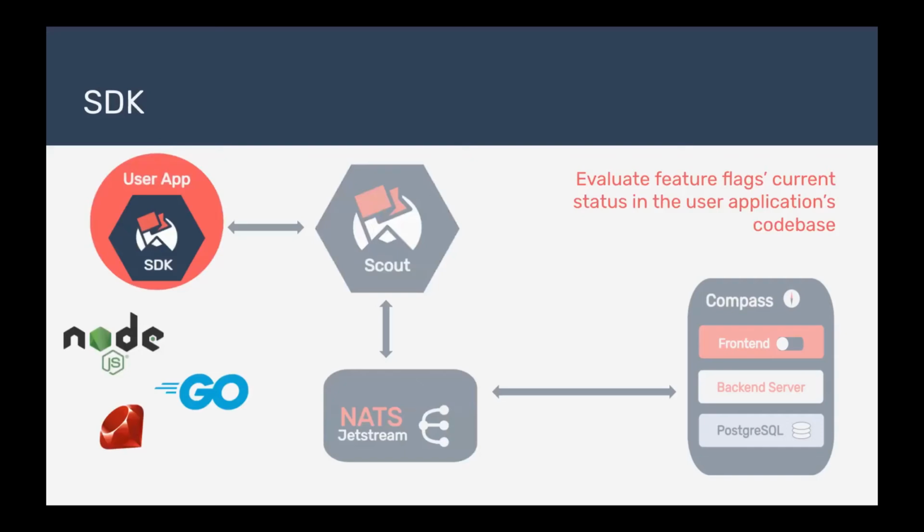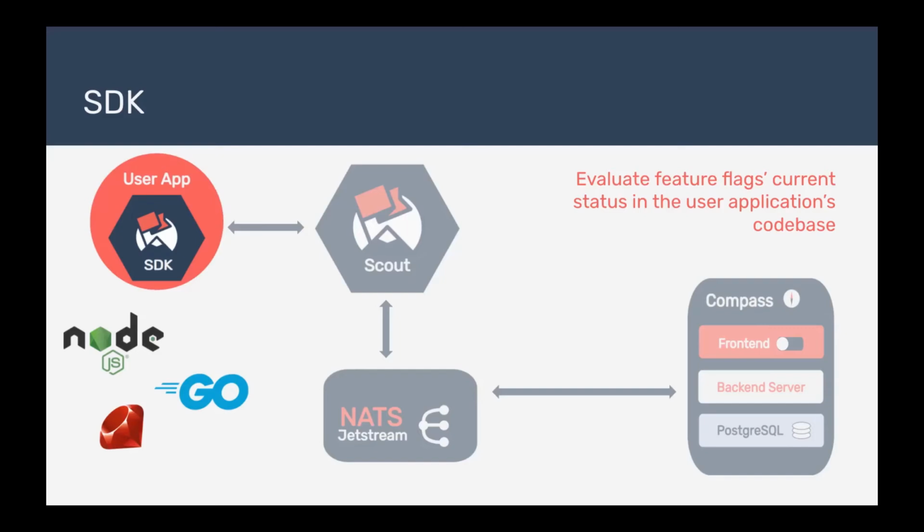Pioneer currently offers server-side SDKs in 3 languages: Node.js, Ruby, and Golang. The user should install the appropriate SDK in their application code. And after doing so, the SDK can request to connect to Scout as an SSE client by providing Scout's server address and a valid SDK key.